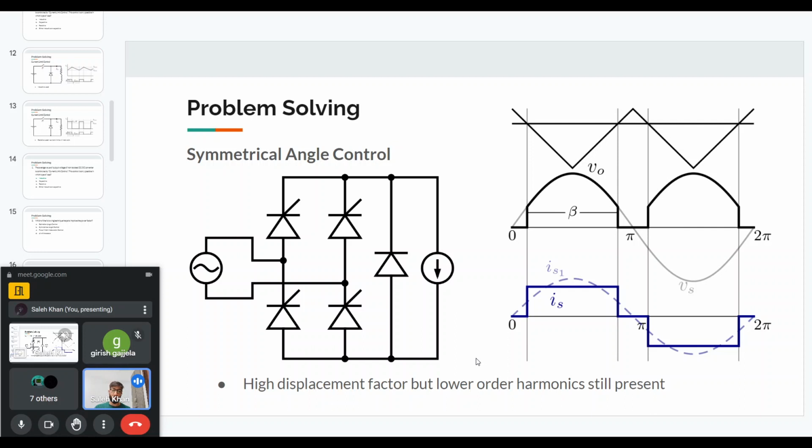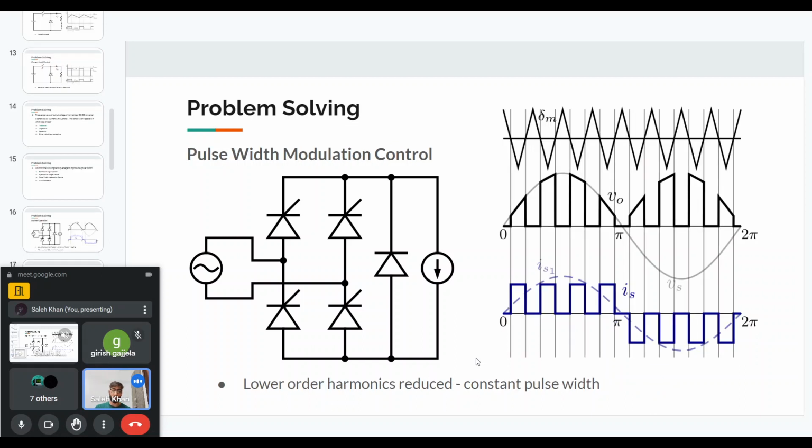So now we can come to a PWM control, or pulse width modulated control, in which we will see that the lower order harmonics are reduced and we have higher order harmonics. If we want an average output voltage, we can get it by constantly turning the switch on and off.